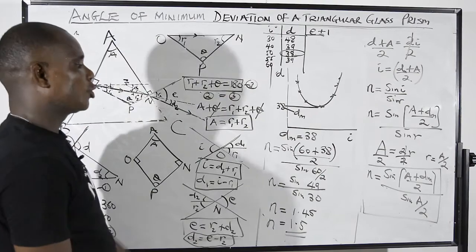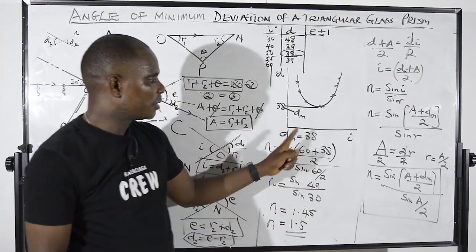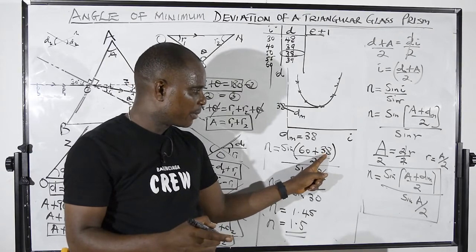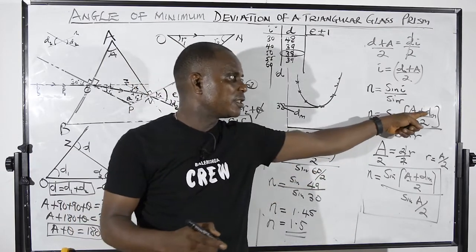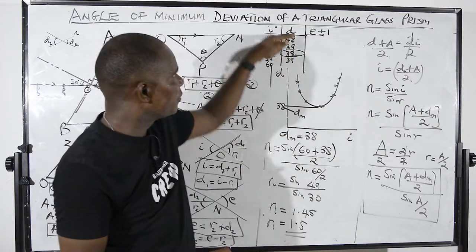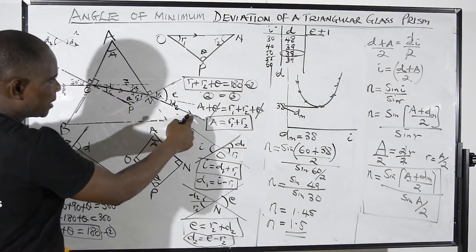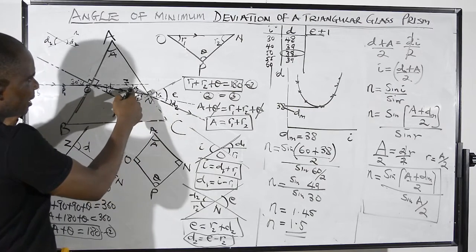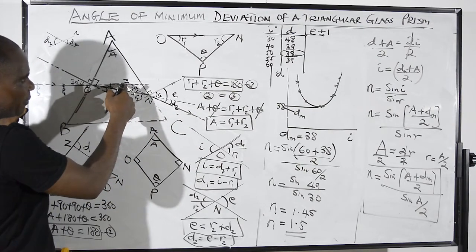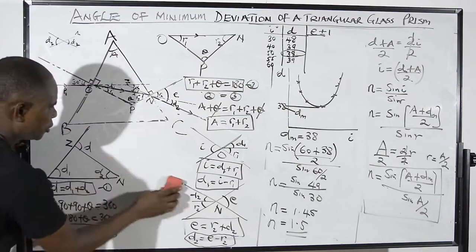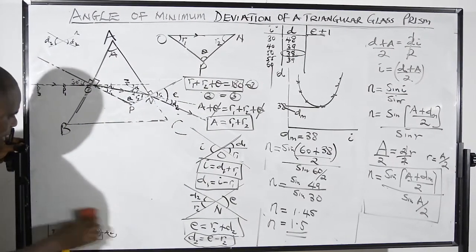So you can punch that from your calculator. Now this is how I told you, the whole experiment is for you to get this number. This number is the minimum deviation, dm. So if you get the minimum deviation from all, you must know how to read this here. When this line is projected, it is this line that is projected to form this angle of minimum deviation. So if you can look at this structure again, so that you see which angles you are trying to actually measure.